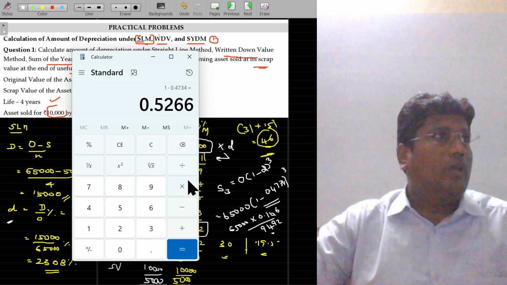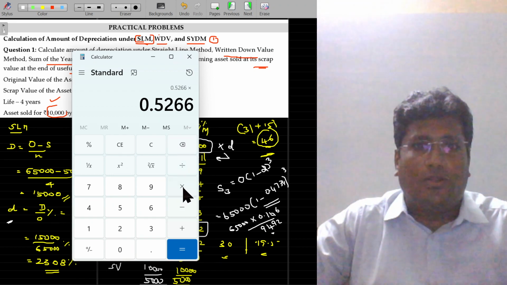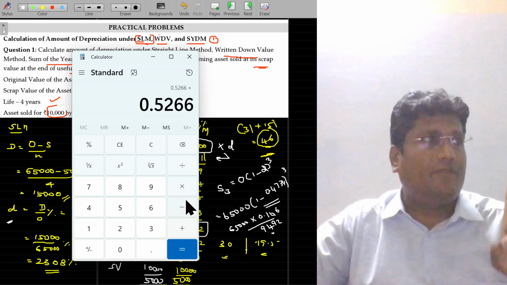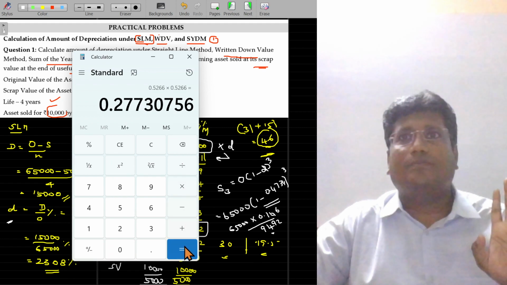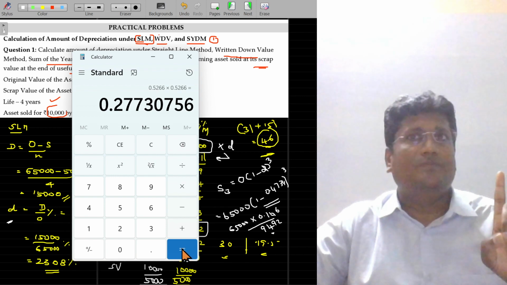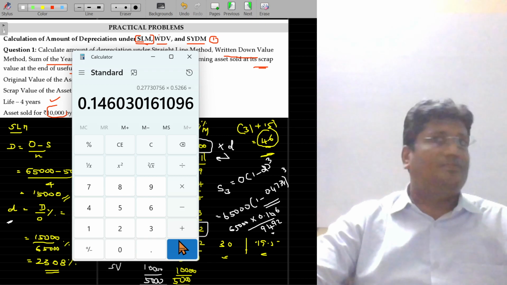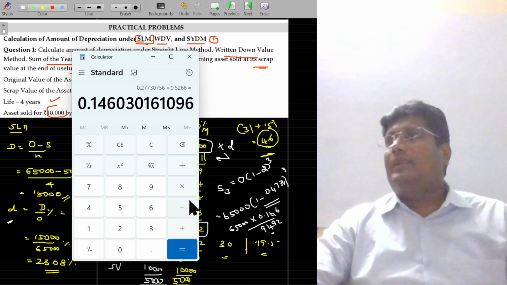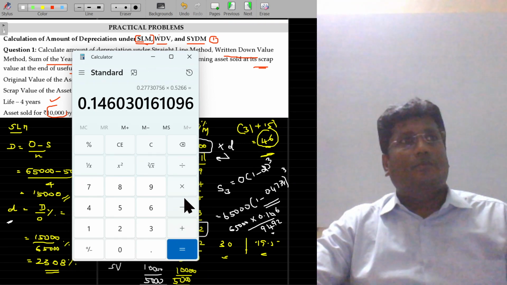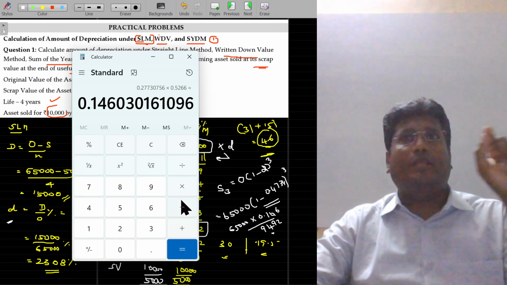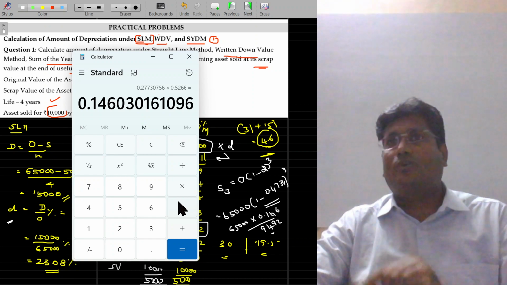Power 3, how do I calculate? Put into in your non-scientific calculator and press equal. You will get power 2. Again press equal, you will get power 3. Of course, I am getting it here also. This is a shortcut. For any power calculation, put the value, use the multiplication symbol and press the equal sign the number of times you want.